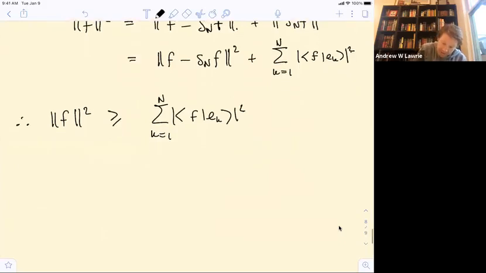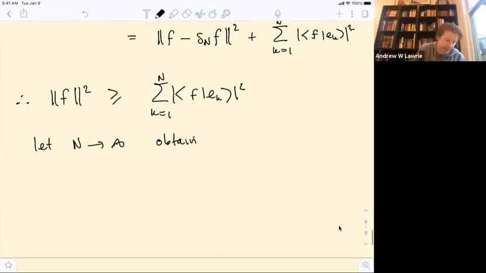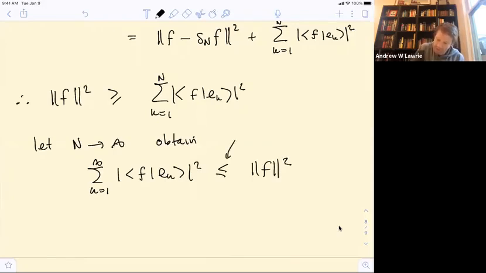And just let n go to infinity and obtain Bessel's inequality. This is called Bessel's inequality. This is very analogous to the proof we gave for Fourier series.